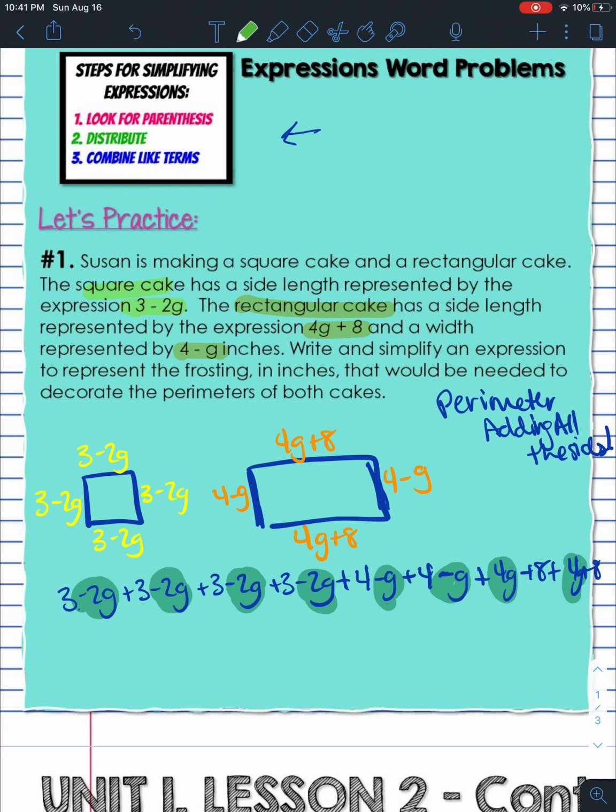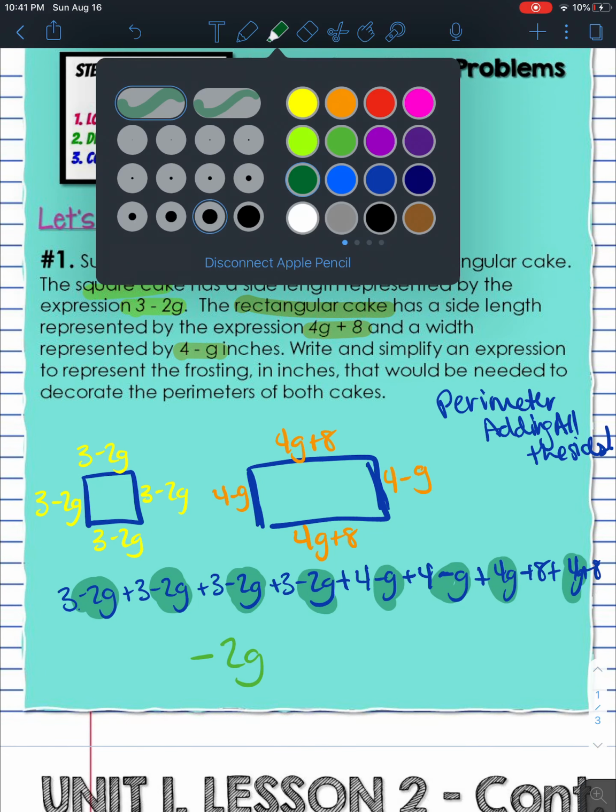Plus negative 2 more is negative 6, plus negative 2 is negative 8, plus negative 1 is negative 9, plus another negative 1 gives me negative 10. Then I have a positive 4, so from negative 10 I'm moving closer back to 0, so I go to negative 6, and then positive 4 more means I'm going closer to 0, so negative 6 plus 4 gets me to negative 2. So I should have a negative 2g.